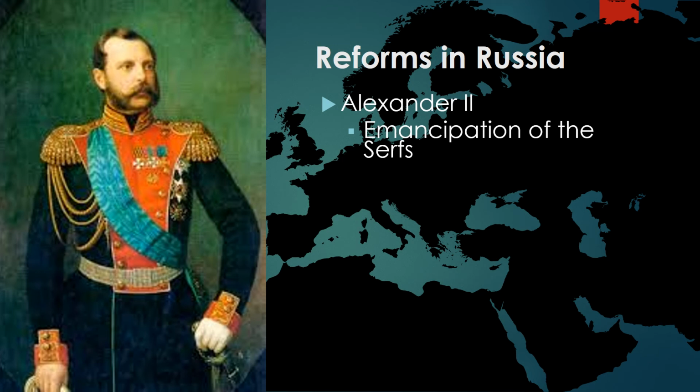Essentially, Alexander had to discuss with the boyars and said that if we don't reform from within, it's going to be reformed through revolution, and he was able to convince them. The problem with the serfs and the freedom of the serfs was that the peasants were still bound to the land through collective ownership.